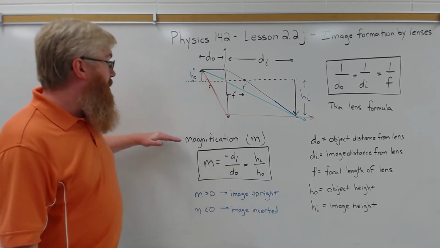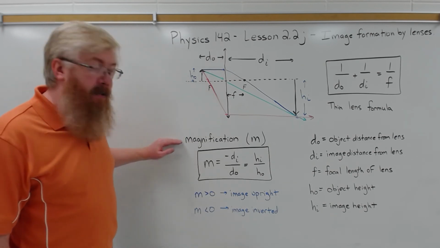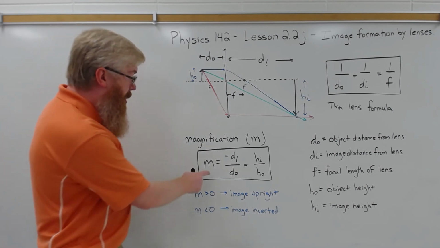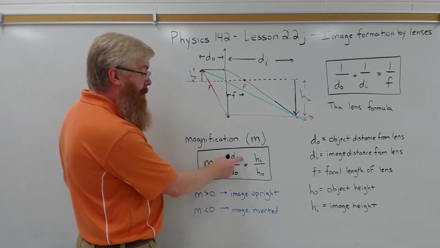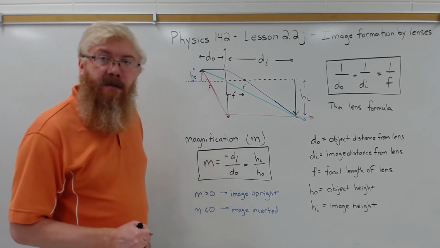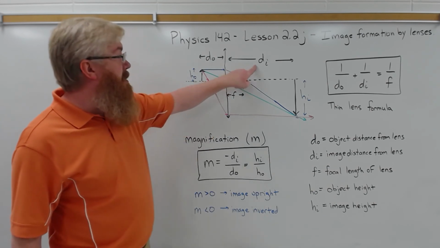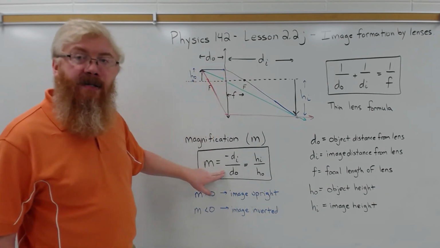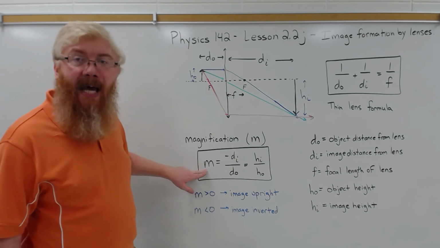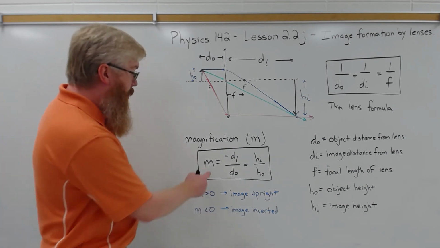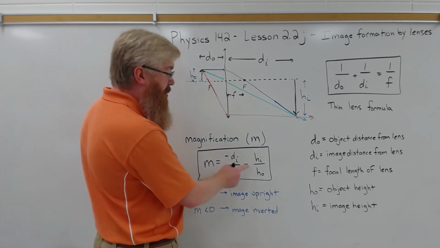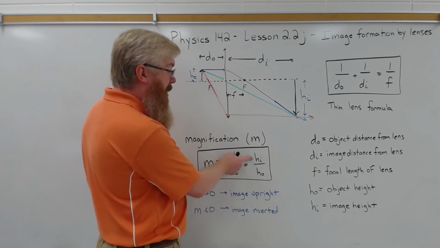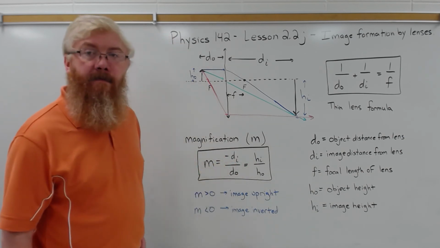So to calculate the magnification of a lens, it's a simple relationship between minus the image distance over the object distance. So if I know what the image distance is, and I know what the object distance is, I can calculate what the magnification of the lens is. Once I know the magnification, it's just the ratio of the image height over the object height.